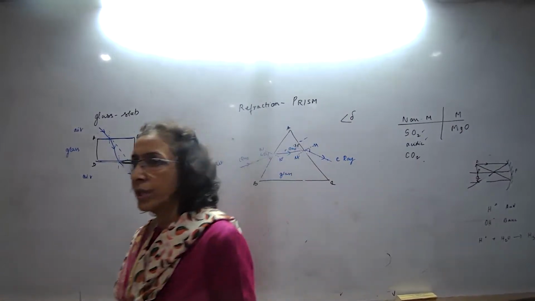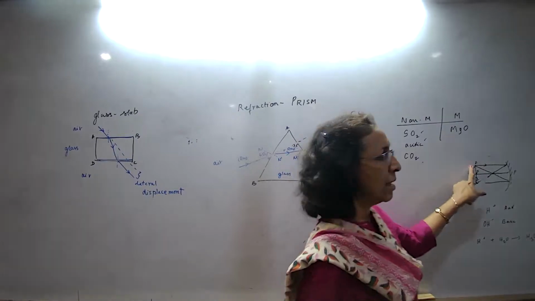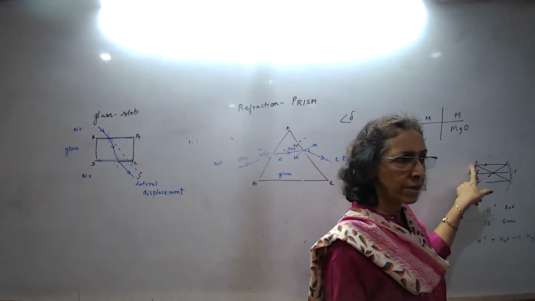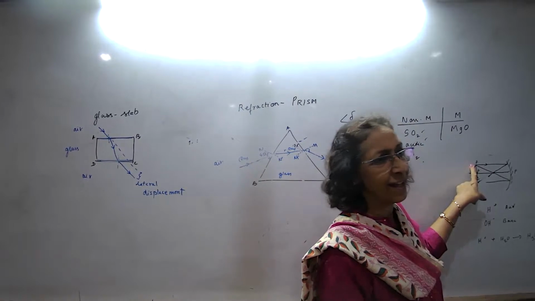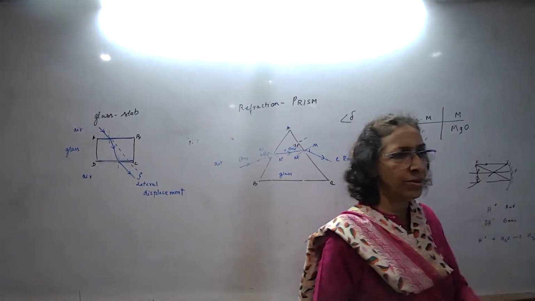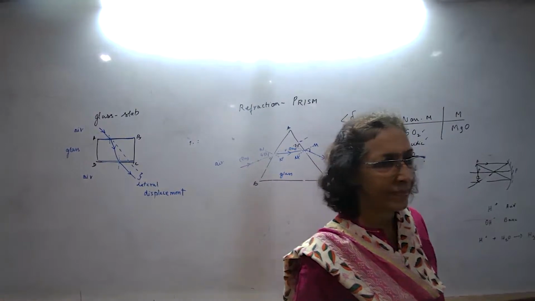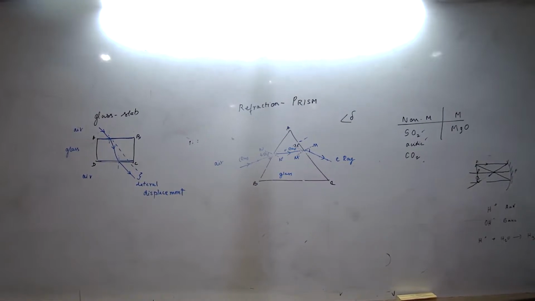Sometimes in the sums they will tell you the object is placed at C, what is the image distance? There is no need for any calculation because at C, that is the only position where you will have your object and image at the same position. This is one trick that you have to remember. Just to confuse you, they'll give you the focal length and all that.